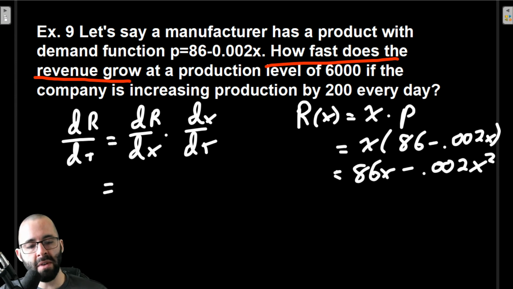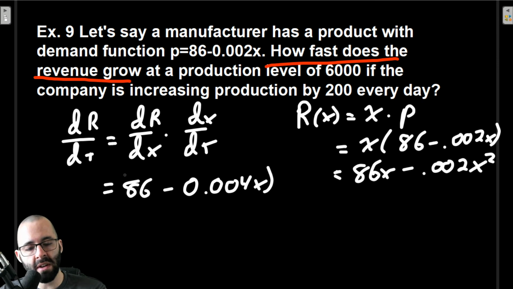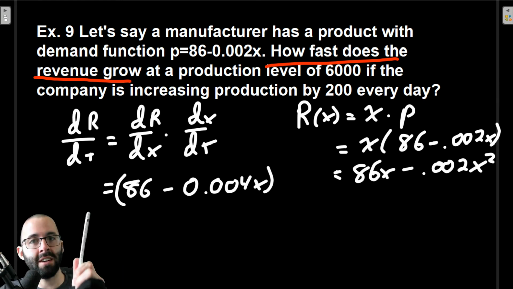So we'll look at the derivative of the revenue function with respect to x. That's going to just be 86 minus 0.004x. That is the derivative of the revenue function with respect to x. It is the marginal revenue, the additional revenue from increasing production by 1. We also multiply by dx/dt.